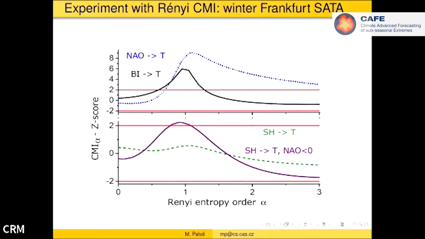In the blocking index, it is slightly left, but still it is not significant for small alpha. What is interesting here is that we have some influence of Siberian high under the condition of non-positive NAO, which is mostly on the left side from 1.